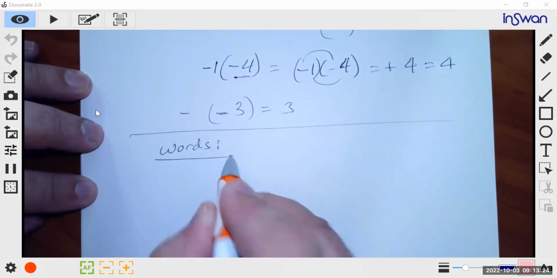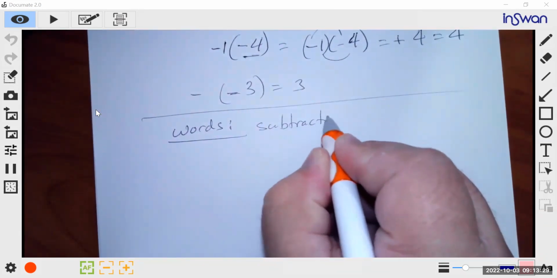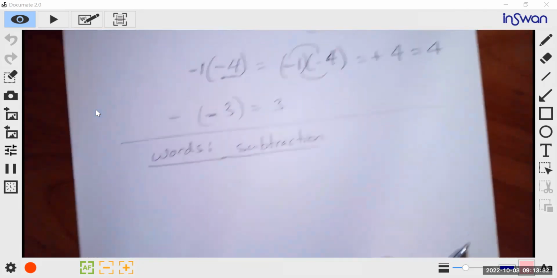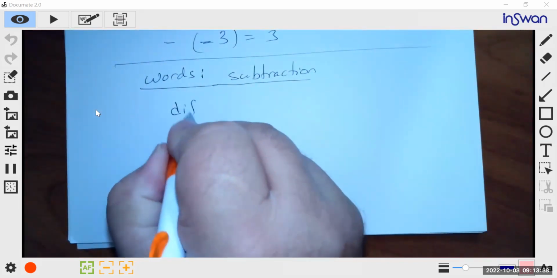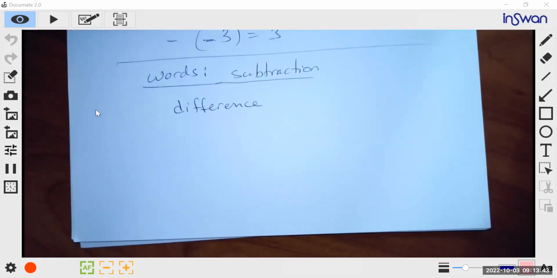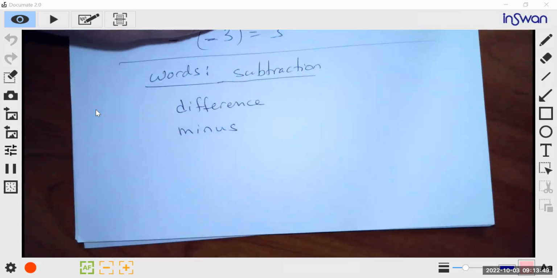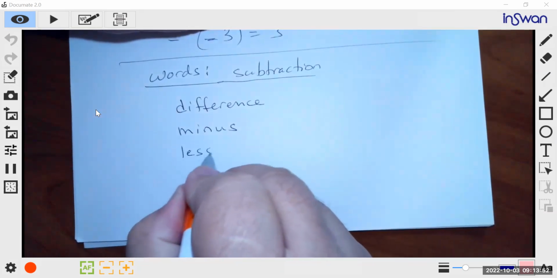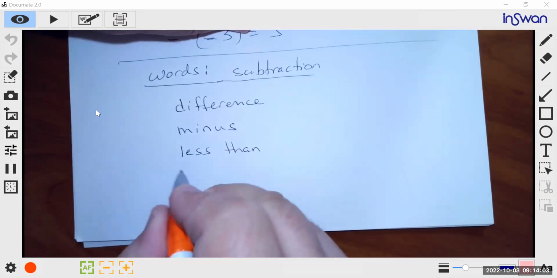What words mean subtraction? Difference. What else? Minus. Less than. Yes, very good.